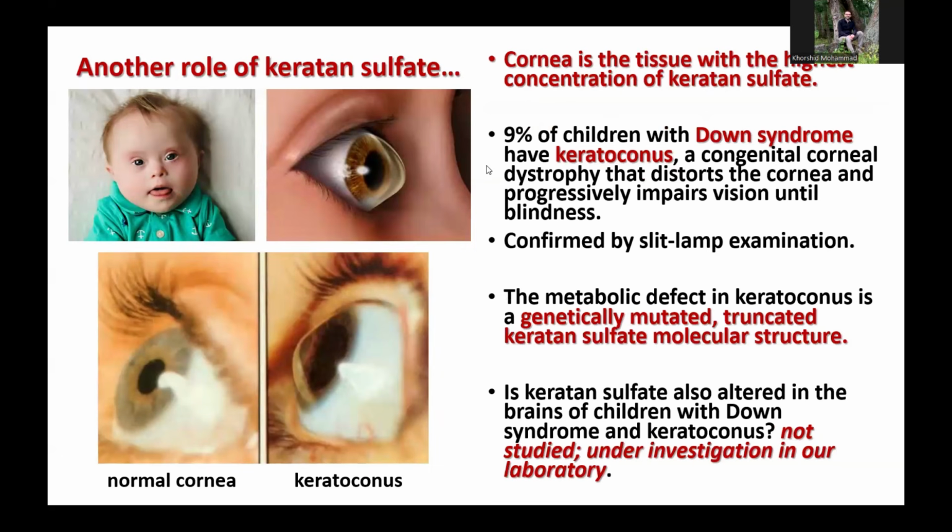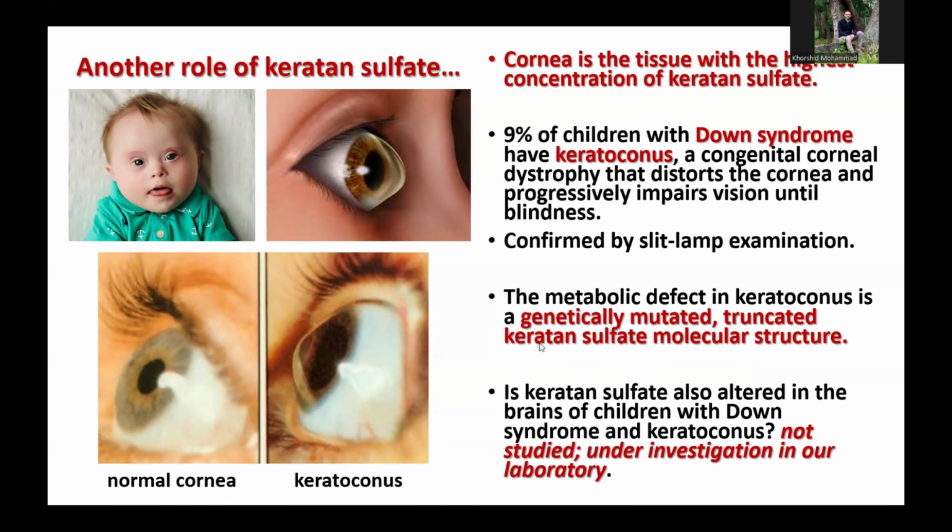One other aspect of keratan sulfate is that 9% of children with Down syndrome have keratoconus, which is a corneal dystrophy that leads to progressive visual loss and blindness and is treatable. And the genetic form, the metabolic defect in keratoconus is a genetically mutated, truncated keratan sulfate molecular structure.